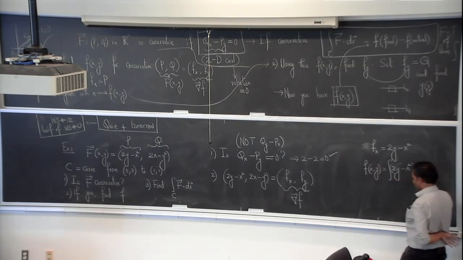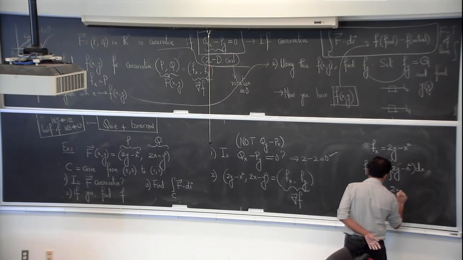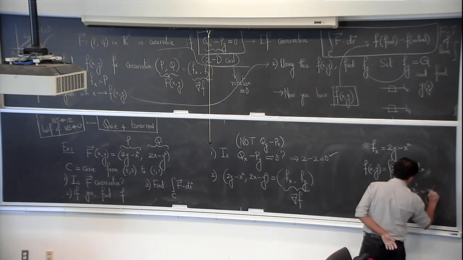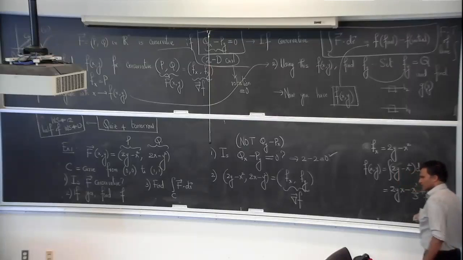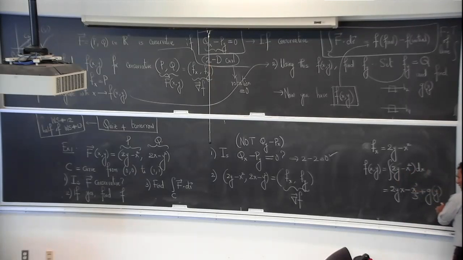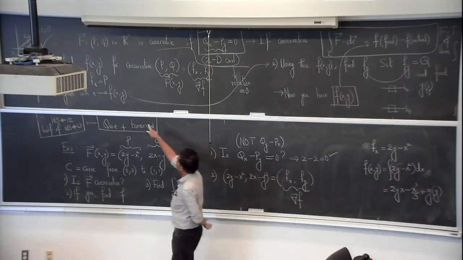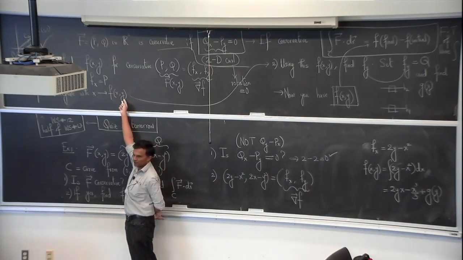Since you're doing it with respect to x, y is a constant, so it's going to be 2yx minus x cubed over 3. And please don't forget to include the constant, which in this case will be a function of y. So it is some f of x, y, but it's not complete because we still don't know what this is. That is the end of step 1: integrate with x, get some incomplete form for f of x, y.